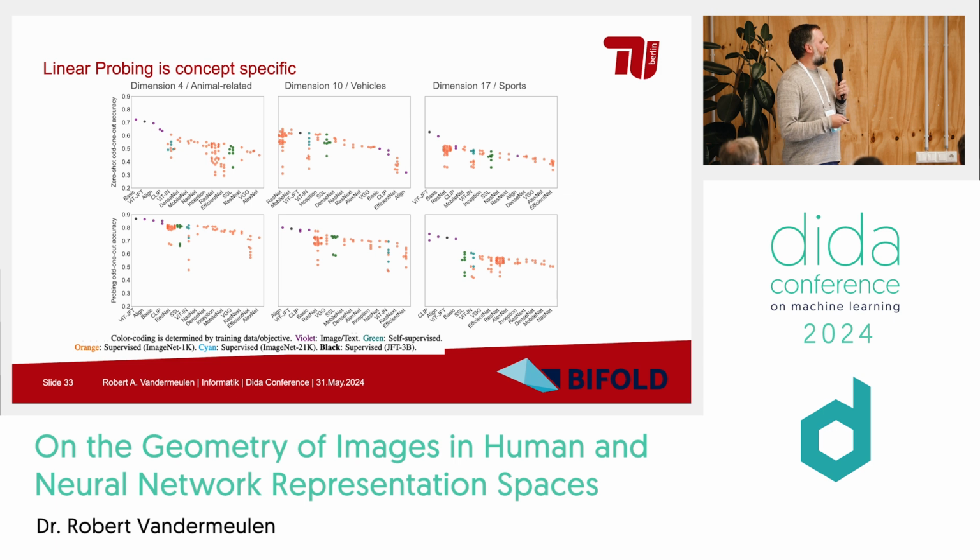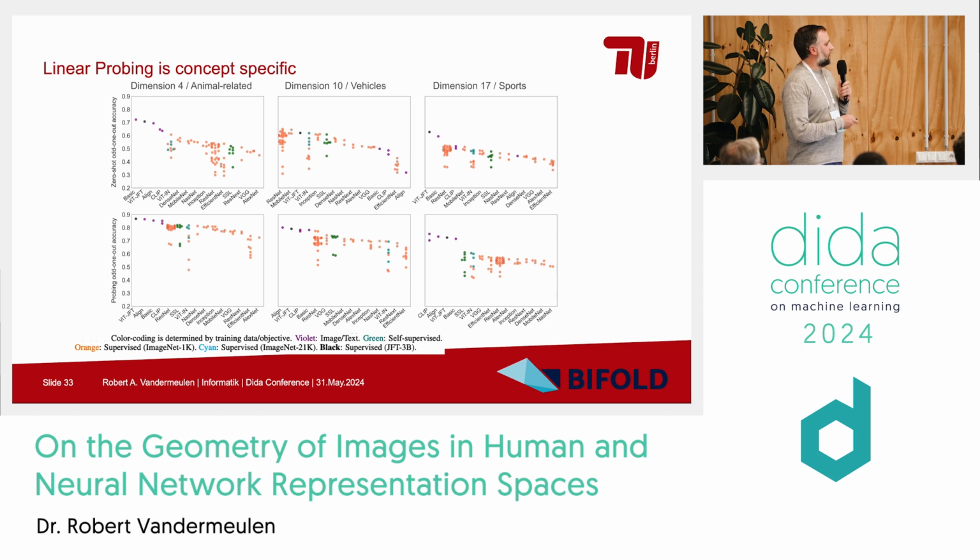We see that linear probing is domain specific, so how effective it is really depends on the dimension. Remember the significant dimension thing from before. Animal, this is from before probing. After probing, we're getting nearly 90% accuracy from some of the networks. So the animal concept is really very deep in these networks.